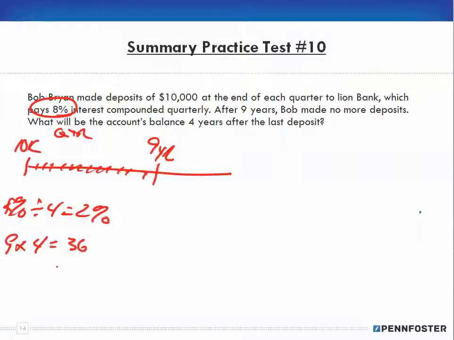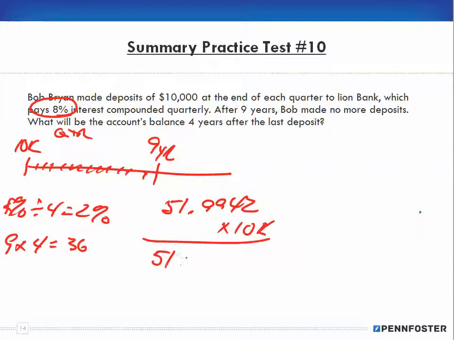So he's making these payments of $10,000, so that's an annuity, and we're looking at an ordinary annuity. We want to know what that future value is. When we look up that factor, we end up with 51.9942, times the 10,000.